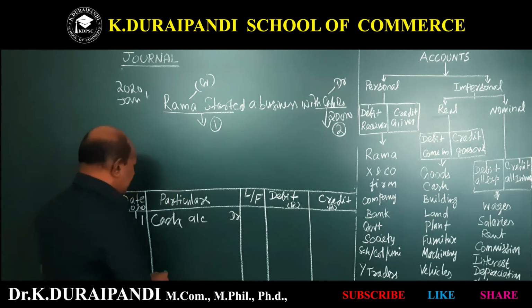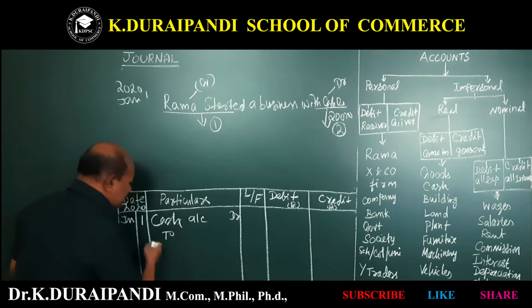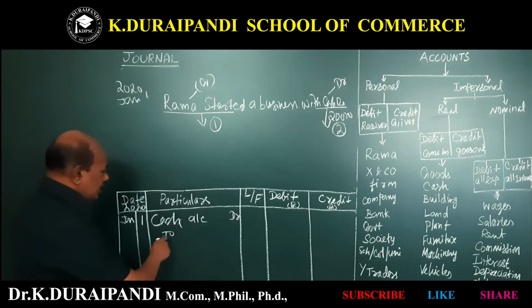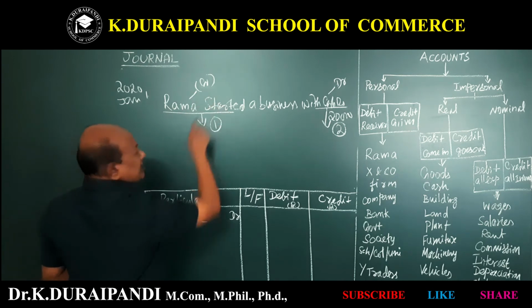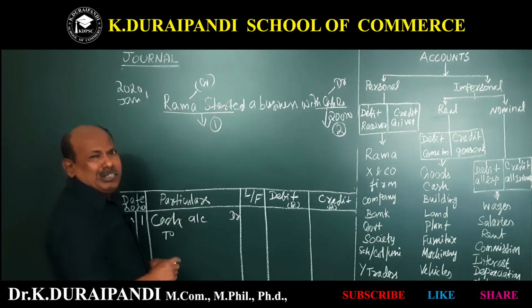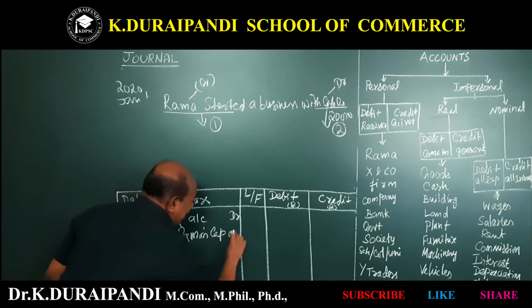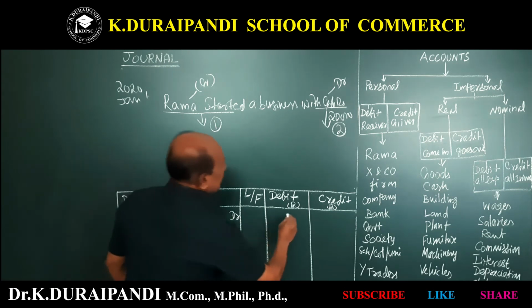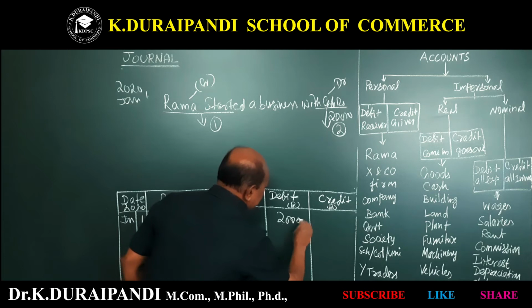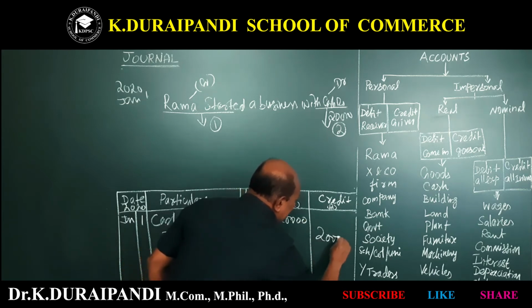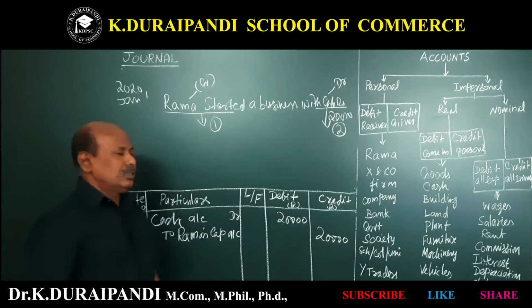You write like that, then give a space. To Rama's capital account. Here Rama is your owner. In the debit column 20,000, in the credit column 20,000.